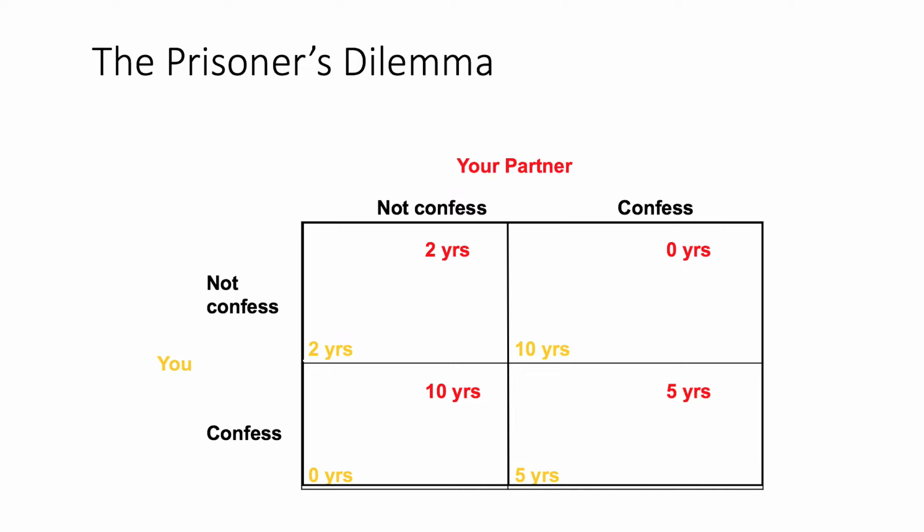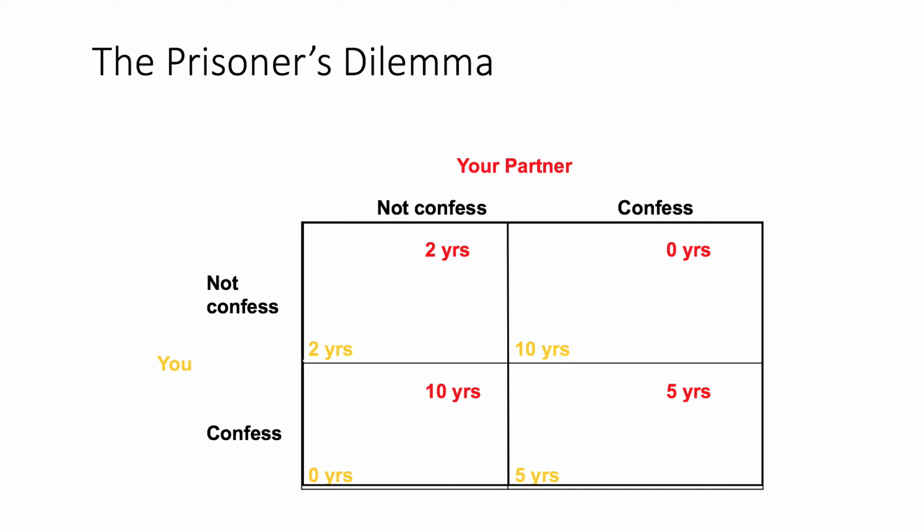So here's the matrix that explains how things can happen. If they cooperate and neither confess, they get a very short sentence, 2 years, as there's really not enough evidence to support anything. Or maybe even they could be set free, but let's say there's some concession made by cooperating and it's 2 years.